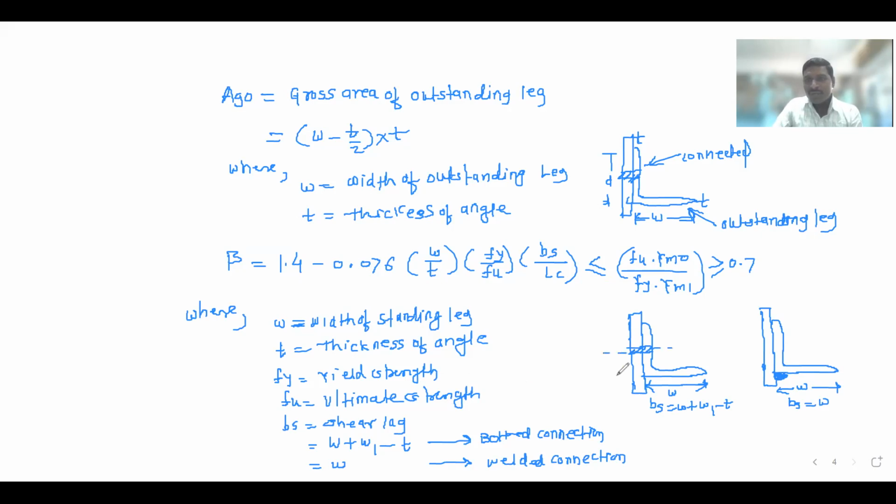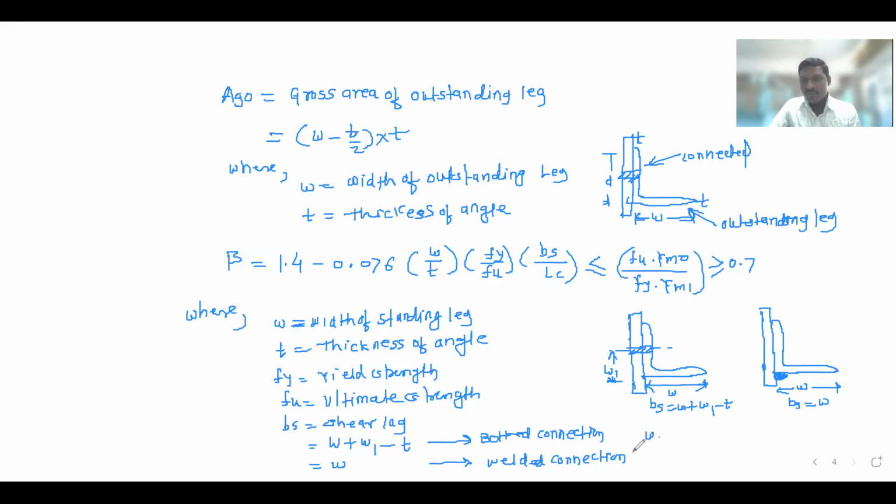Now what is W1? This value is W1. So W1, what does it mean? It is from the center of the bolt to the root of the angle.